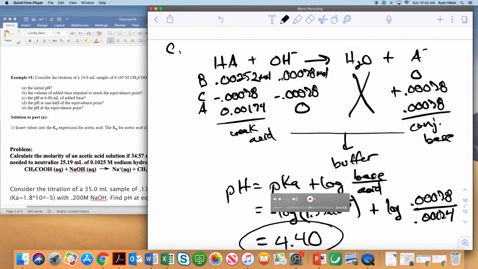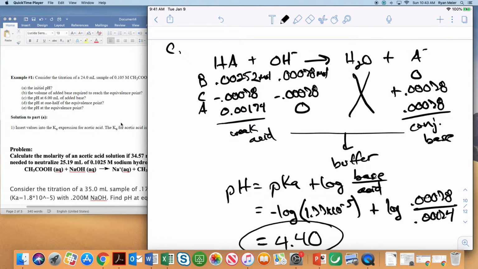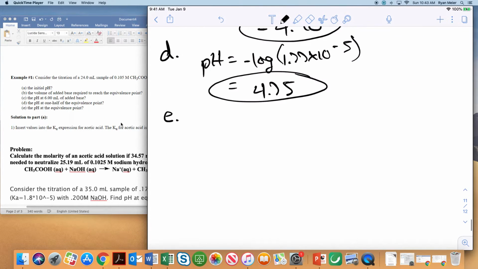These two values will be equal. They will both be 0.00252, which will be 0 left over, 0 left over, and that means we'll have just 0.00252 moles of A minus. We could fill out the whole BCA table to show that, but if you recognize that all of your acid is going to become your conjugate base, that means I just know this is how many moles of my conjugate base I'm going to have at the equivalence point.